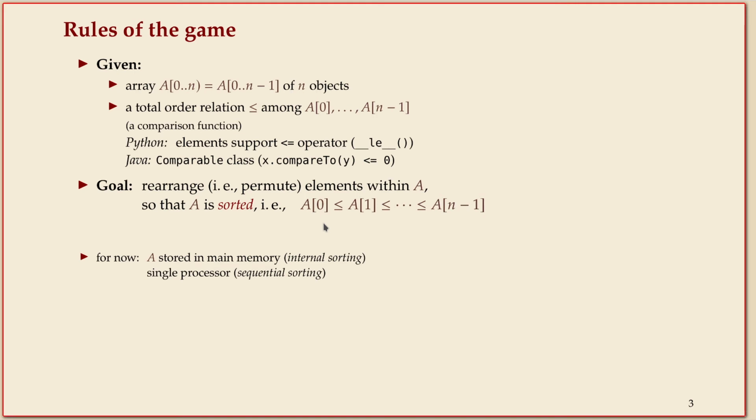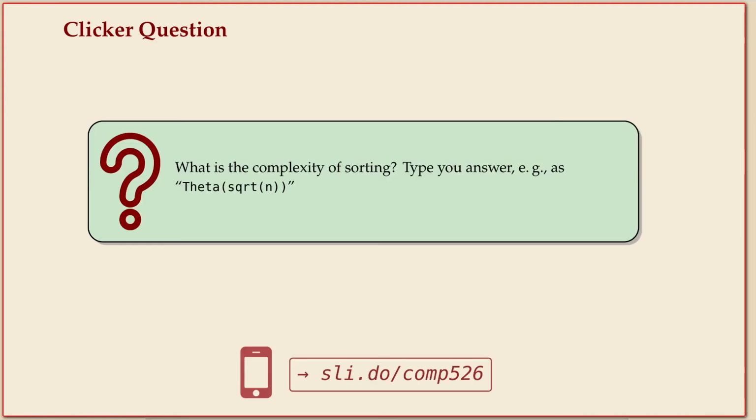Well, for the experts, we'll look at internal sorting, but that's not too relevant. Again, my check for you is a question that you're not supposed to know the answer to if you haven't seen this before.